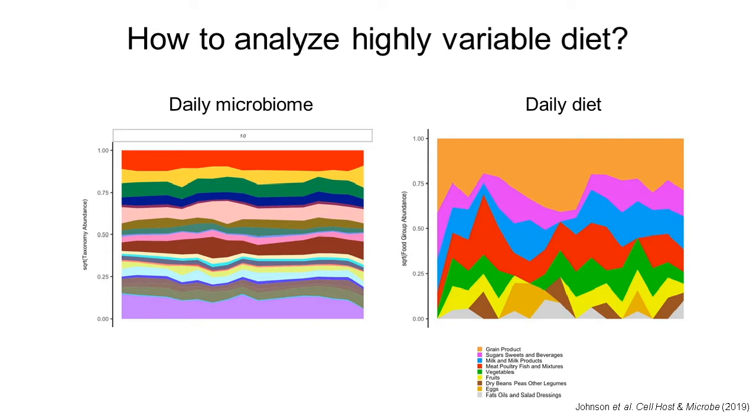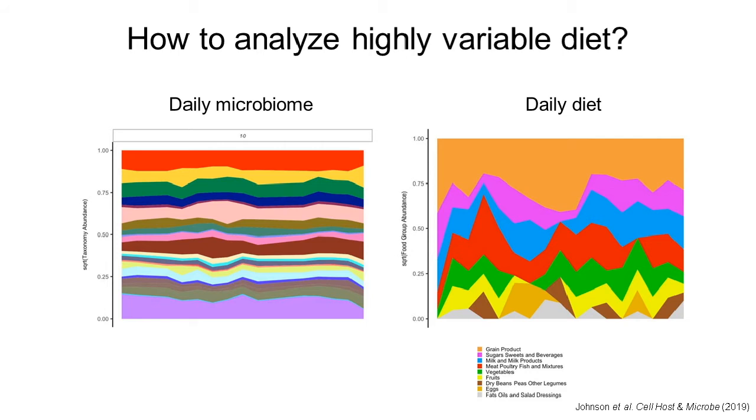And so this was kind of funny to me because I spent the last decade complaining and bragging about how variable the microbiome is, and we have to deal with all this noise, and we need special methods. And now, diet is in fact far more challenging. So I found it quite fascinating.